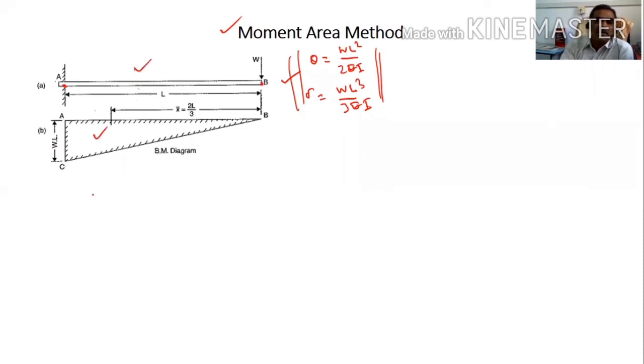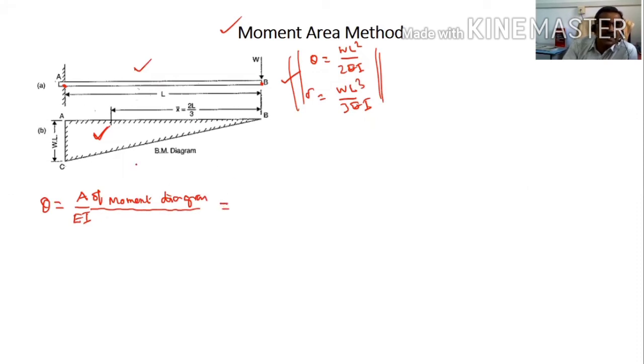Now, to calculate theta, the equation is area divided by EI. What is area? Area of this moment diagram, divided by EI. So what is the area?